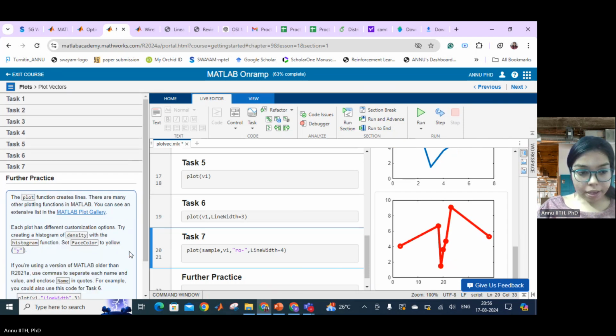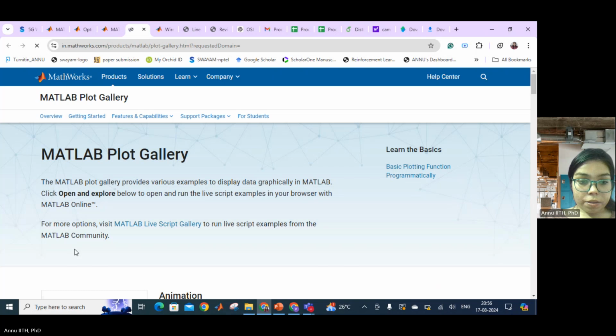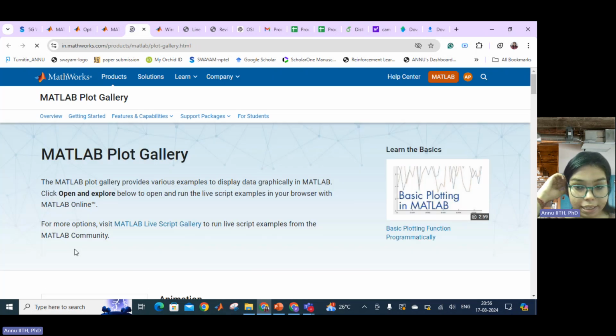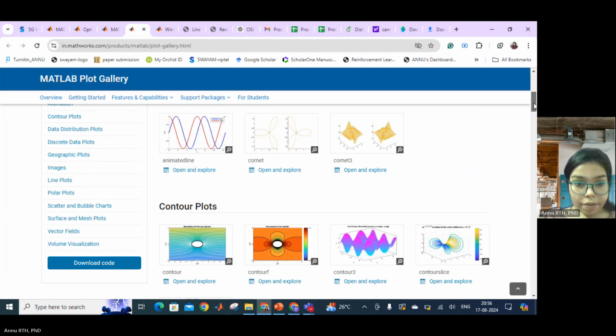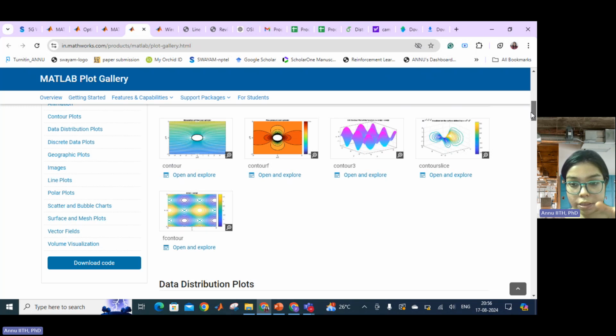So the plot function creates lines. Okay, if you want a different type of plots, there can be bar or anything. There are other plotting functions. You can see the MATLAB plot gallery. So here different functions are there. We have these many functions, coordinate, contour, these many functions.